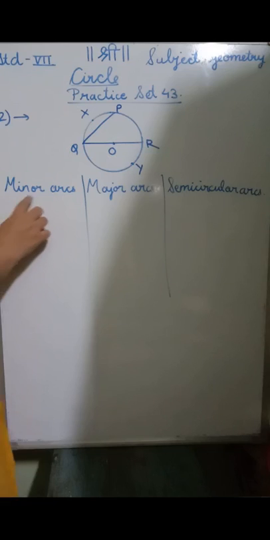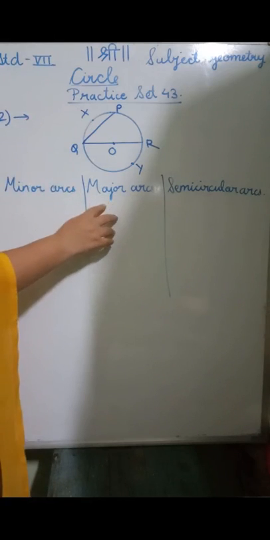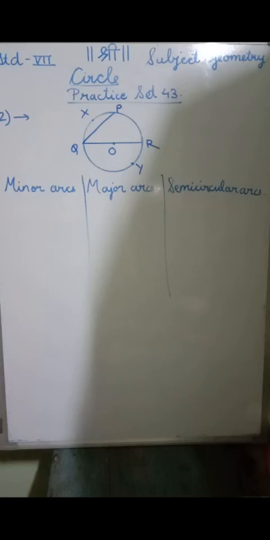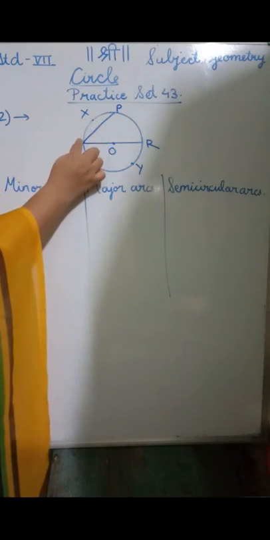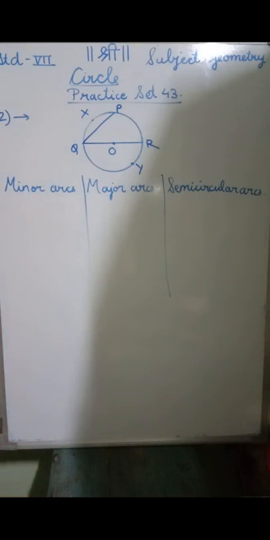So minor arc. Always remember, minor arcs are smaller than semicircles and major arcs are greater than semicircles. So first, this part from Q to X, is it smaller than a semicircle? Yes. So our first minor arc we can write as arc QX. Now this is smaller.